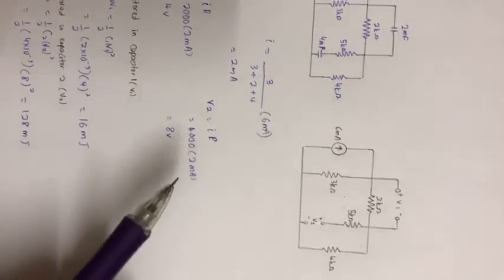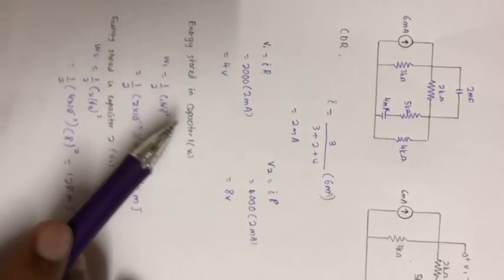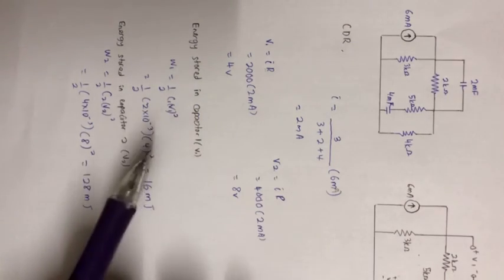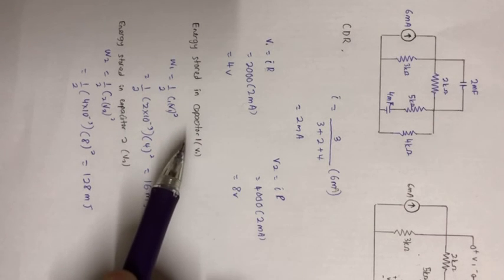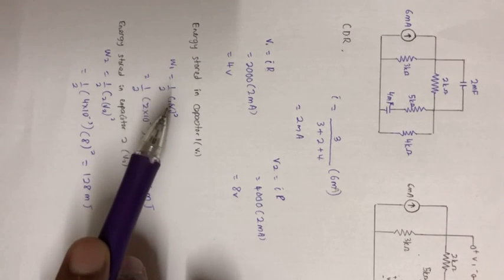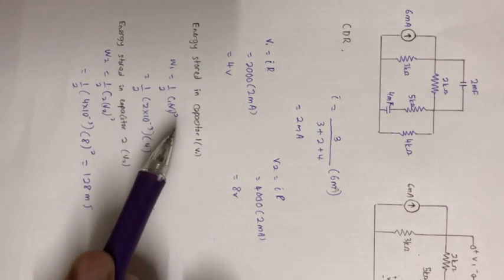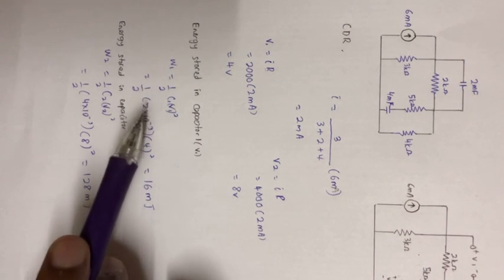Now we should find the energy stored in capacitor 1, which is across V1. The energy stored is 1 over 2 C V squared.